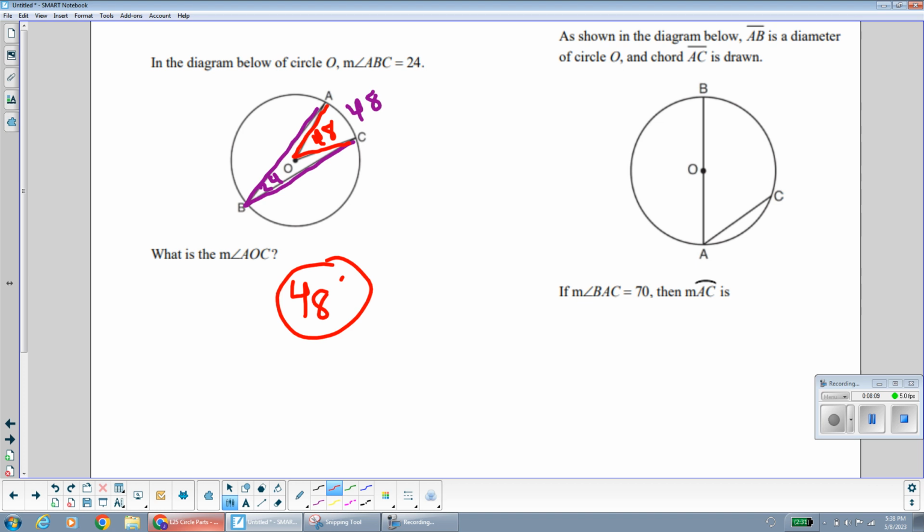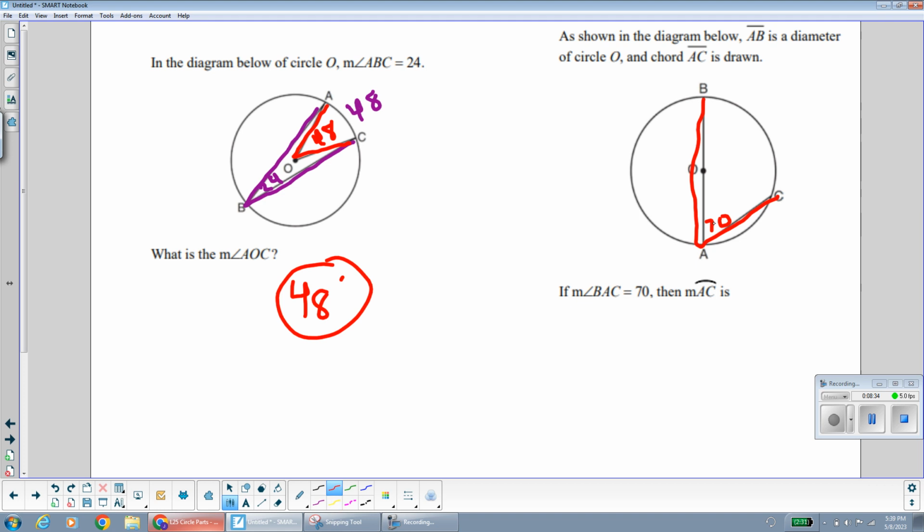we have angle BAC is 70. Let's find the measure of arc AC. So first, this angle over here is an inscribed angle. It has its vertex on the circle, and inscribed angles are half of their intercepted arc.